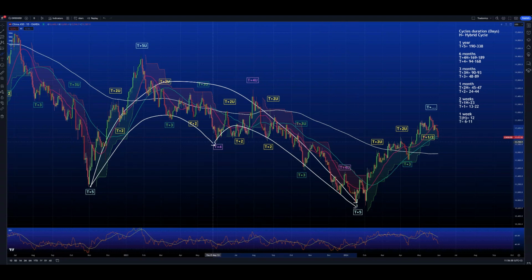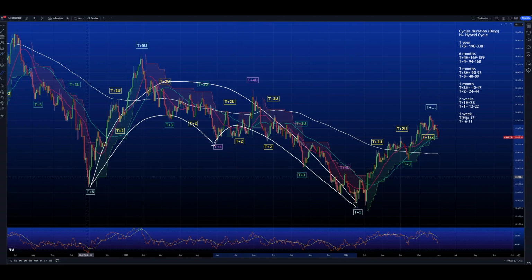The first one has been positive because the low in which it ended was higher compared to the low from which it started, and the second one was negative because the low in which it ended was lower compared to the low from which it started.